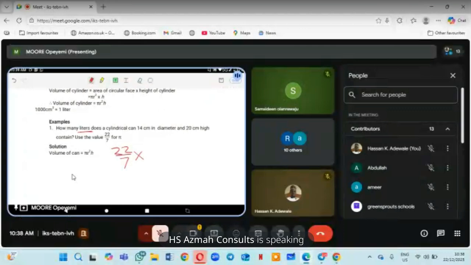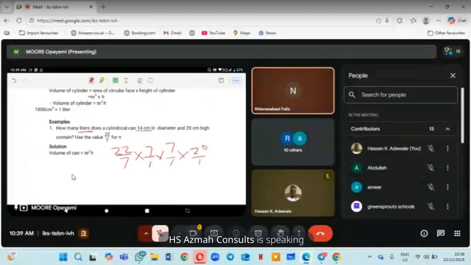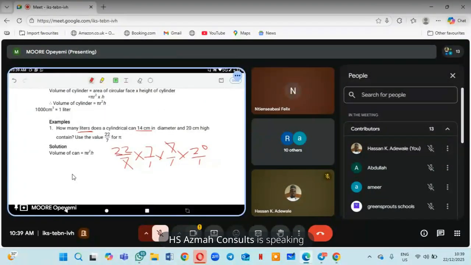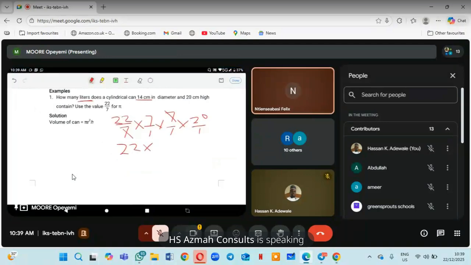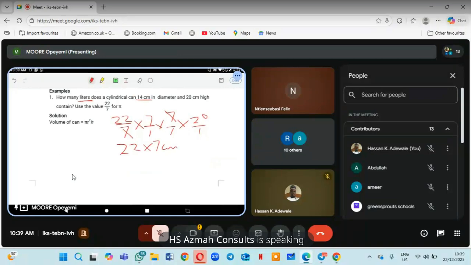Now they give us diameter as 14. So the radius is going to be half of 14, which is 7 over 1 times 7 again. Since it is square, then times the height, which is 20 over 1. This will remove one of the 7s. Then we have 22 times 7 centimeter and 20 centimeter. Remember, this one is centimeter too.